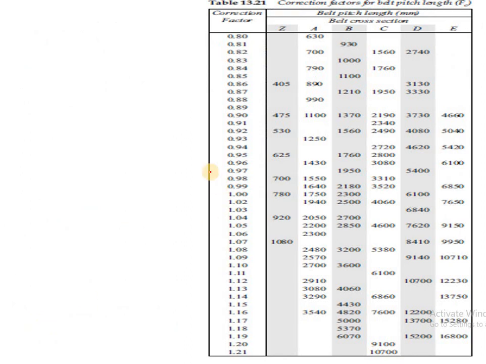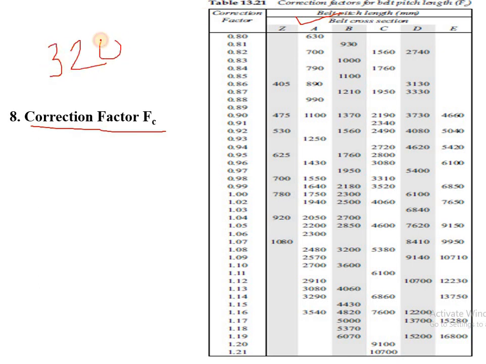Next is the belt pitch length correction factor. We have found the belt pitch length, and we have to find the correction factor FC, which depends on the belt pitch length. What is the belt pitch length we have found? That is 3200.